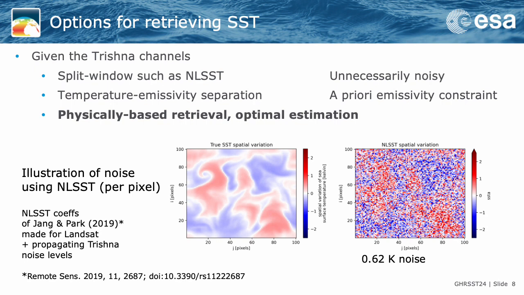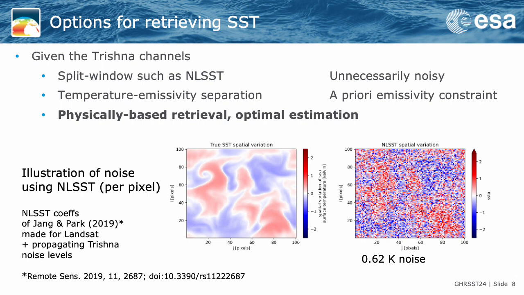For operations, I understand that over the sea the SST will be retrieved using temperature emissivity separation. This method retrieves both emissivity as well as temperature, as is indicated by the title of the method, but it doesn't therefore take advantage of, or doesn't necessarily take advantage of, the a priori emissivity constraint.